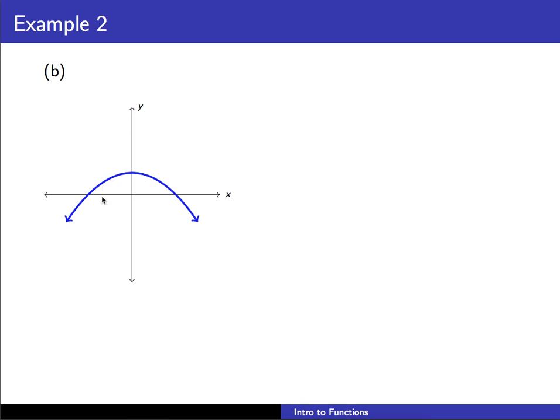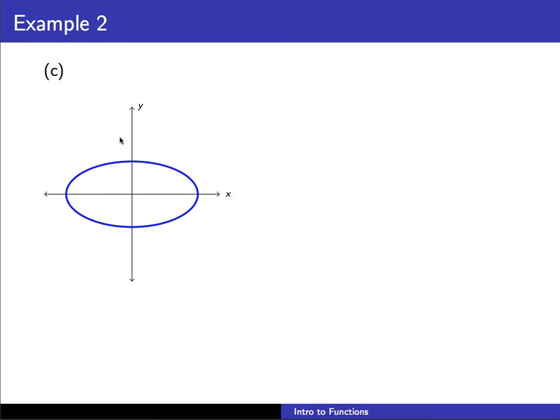Part B, we have this frown here, this quadratic expression. If we draw vertical lines through our frown, each vertical line is going to hit it only once. So our quadratic expression is a function. More on that later.